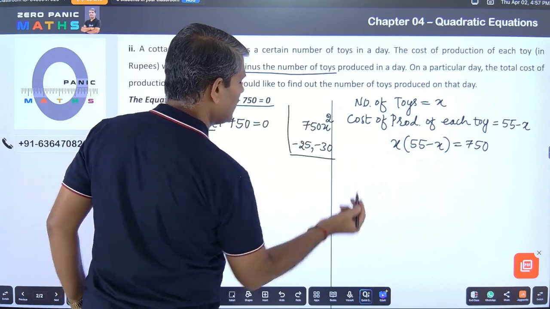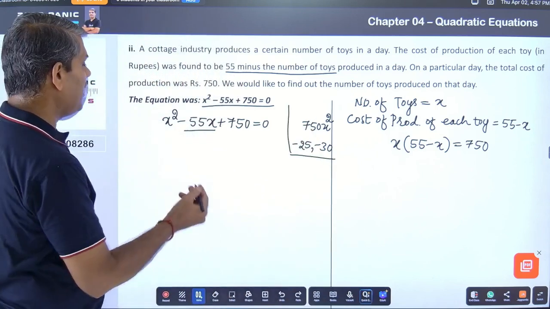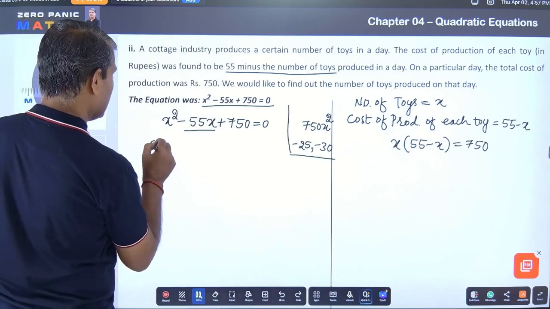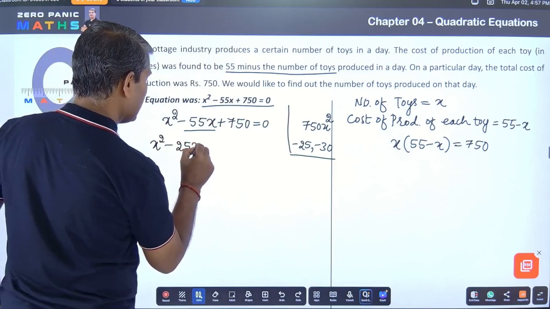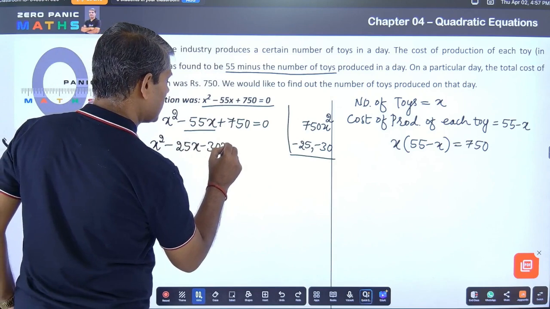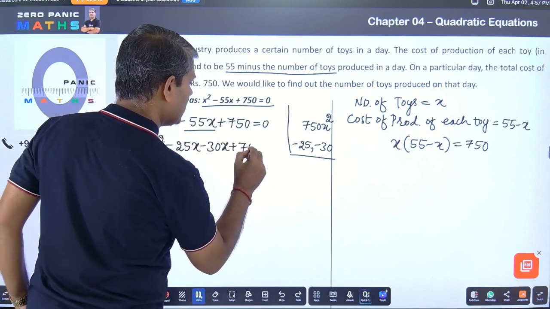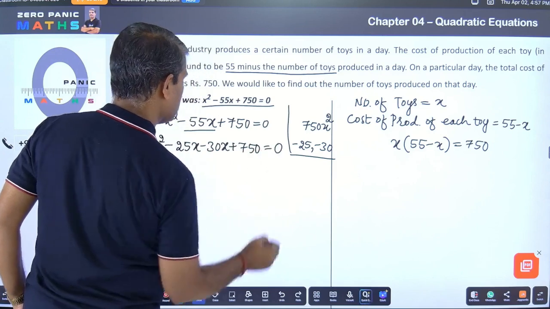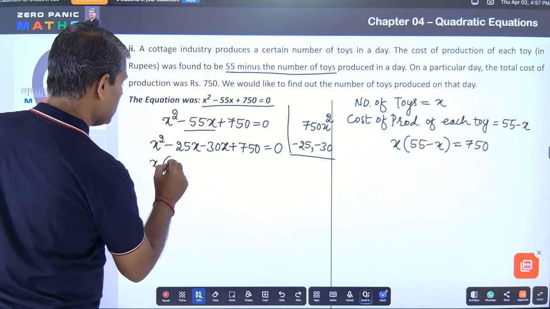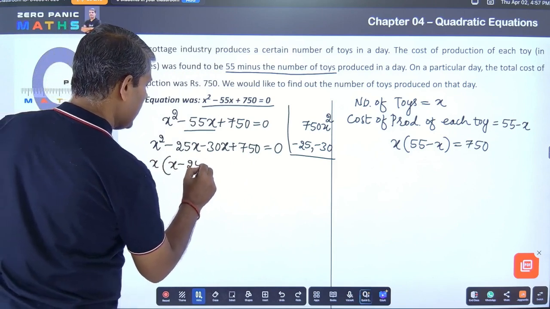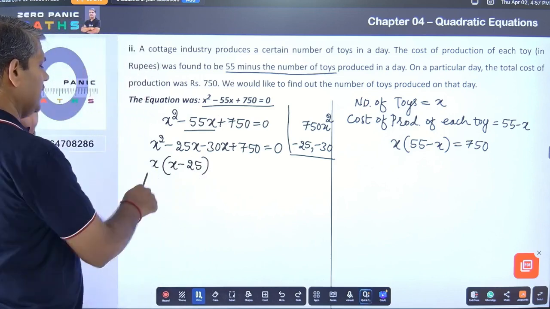Yes, this is the solution. So let us do that: x square minus 25x minus 30x plus 750 is equal to 0. Taking x common, what remains is x minus 25.